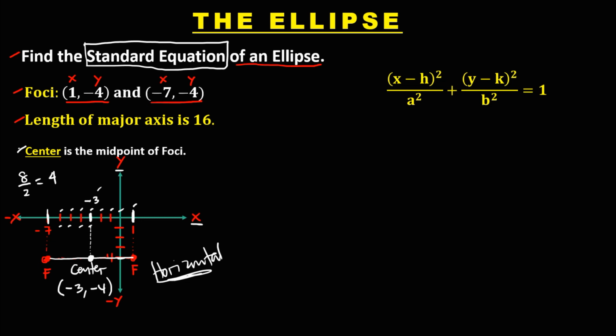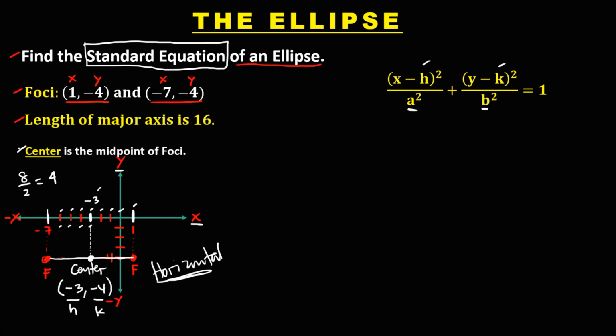But first, we need to find the values for a, b, h, and k. The h and k are in the center. So from the center, this is h and this is k.